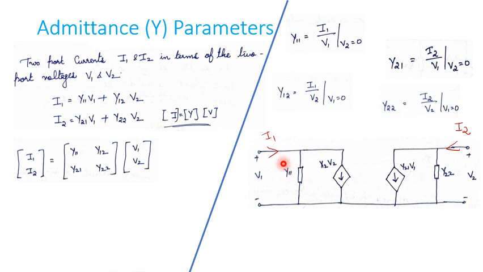So we will get the equation as I1 is equal to Y11 into V1 plus Y12 into V2. This is our first equation. And if we consider this side, here I2 will split into 2 and we can write I2 is equal to current through this branch plus Y21 into V1, this current. So we will get the equation as I2 is equal to Y21 into V1 plus Y22 into V2, which is exactly same as this equation.